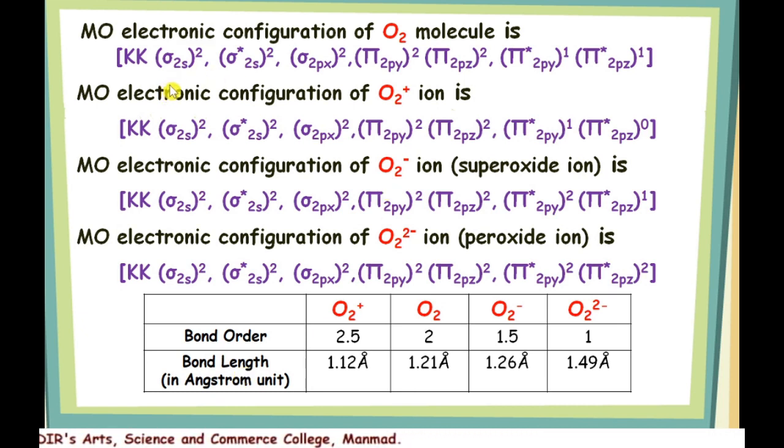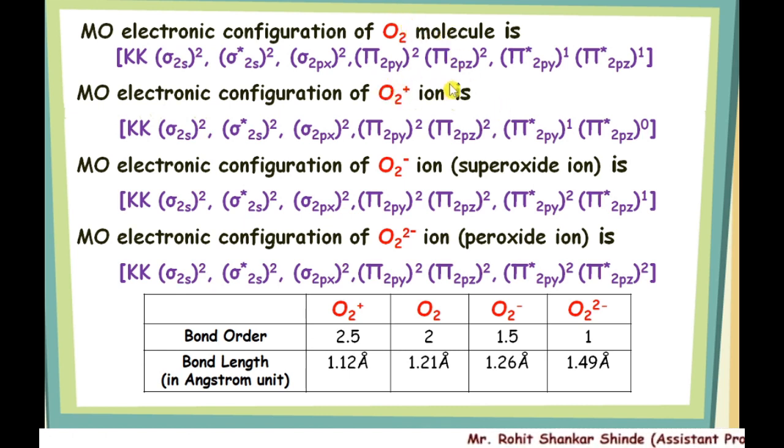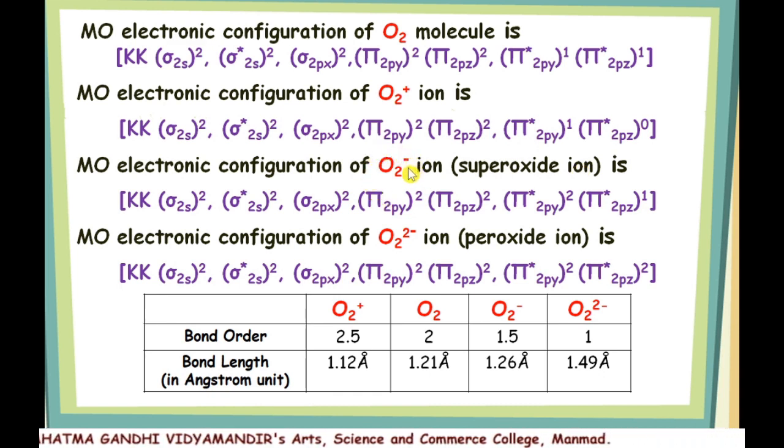So let us see the molecular orbital electronic configuration of O2 plus ion. O2 plus ion is formed when one electron is removed from O2 molecule. So one electron is lost from this pi star 2pz. So the molecular orbital electronic configuration becomes like this: pi star 2pz 0. In case of superoxide ion, that is O2 minus ion, it has one electron more than O2 molecule.